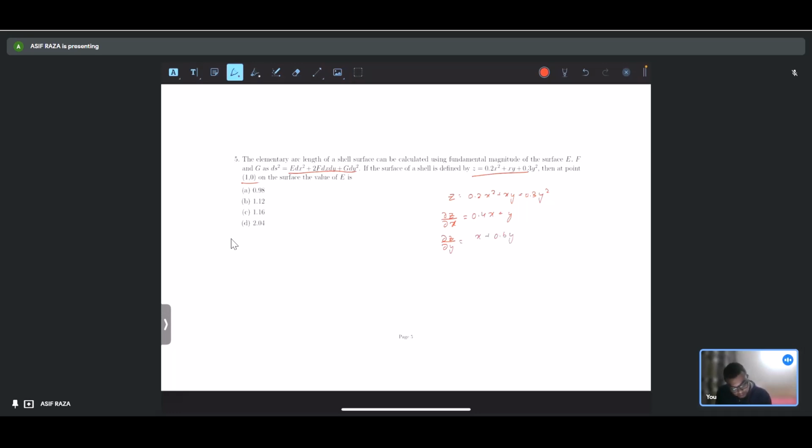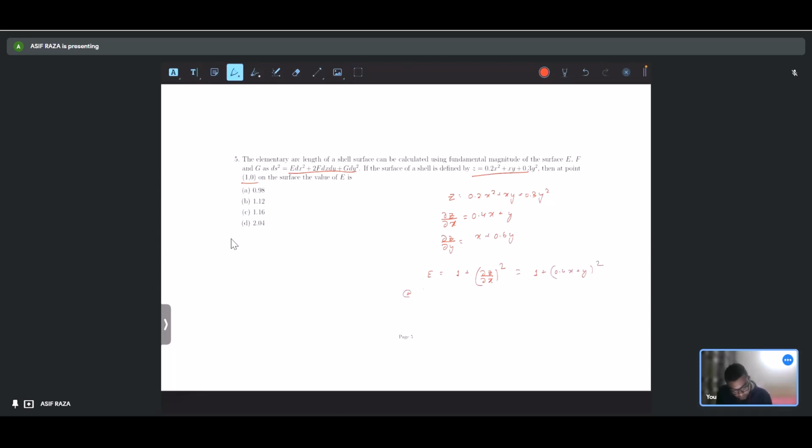To find E, we use the formula 1 plus del z by del x whole square, which is 1 plus (0.4 x plus y) whole square.